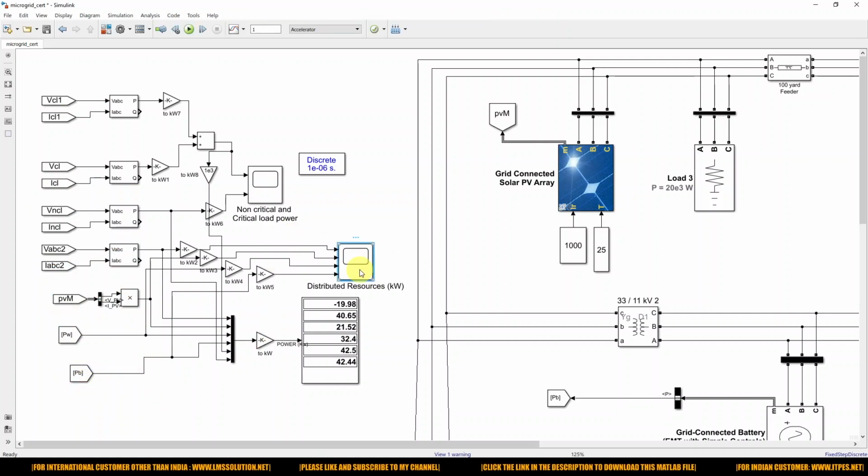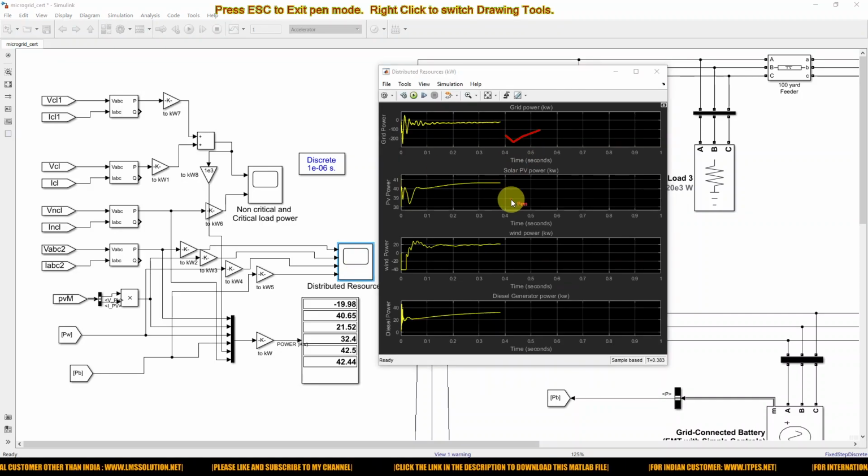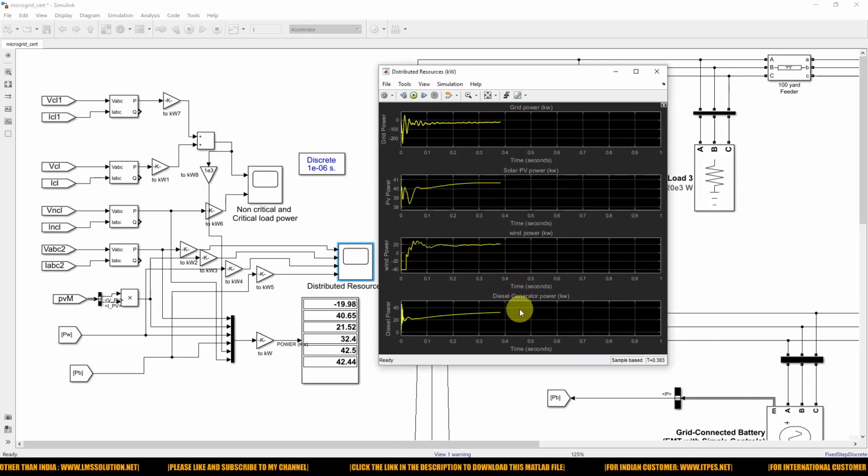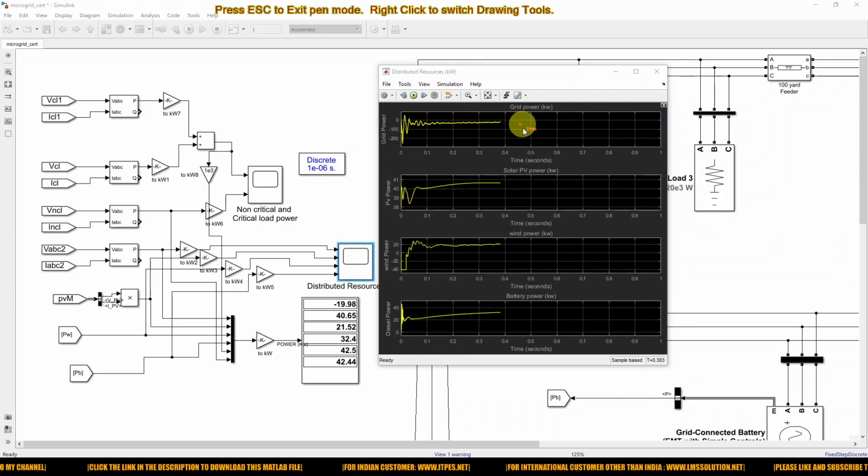So here we can see the grid power, then solar, and this is battery power. Here you can see grid power, solar PV power, wind turbine power, and battery power.